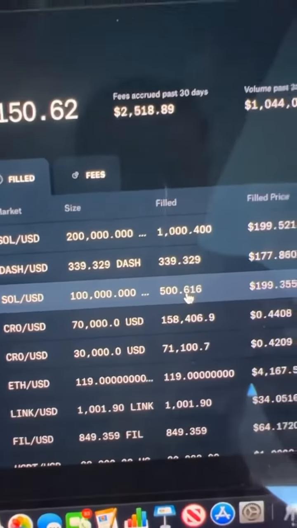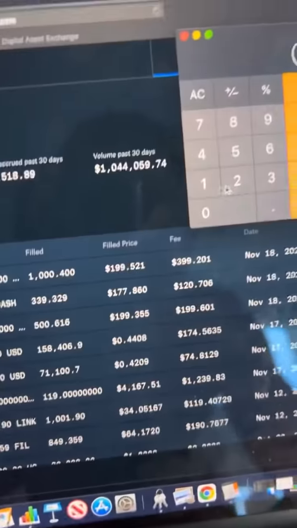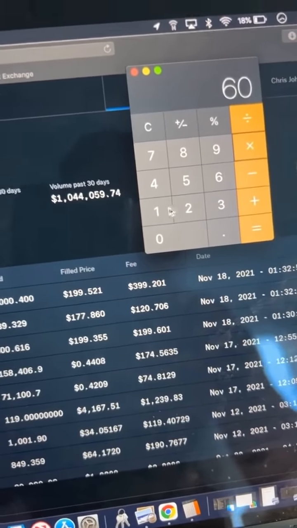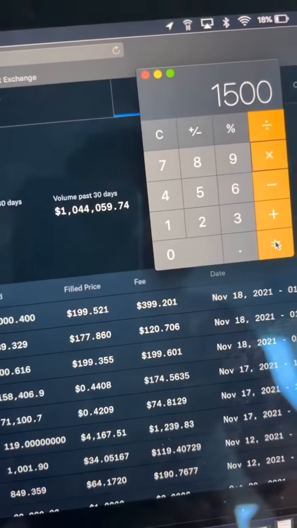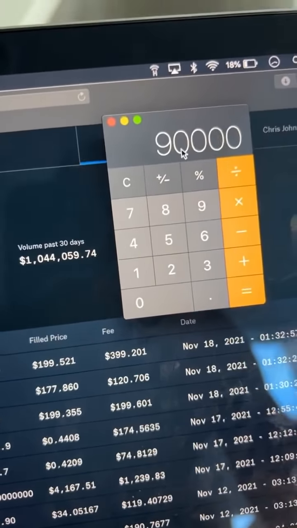Per our calculators, I can make $60 per coin times 1,500 coins. So if it runs back to where it fell from, I'm going to make 90K off of my 300K pretty quickly, right? This thing moves fast.